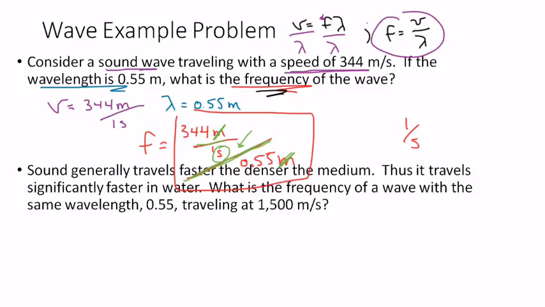Cool. Now when I take this 344 and divide it by 0.55, I already did that ahead of time. My calculator displays 625.45, repeating. I'm not emphasizing rounding too much this semester, but let's take a look at how we want to round it.